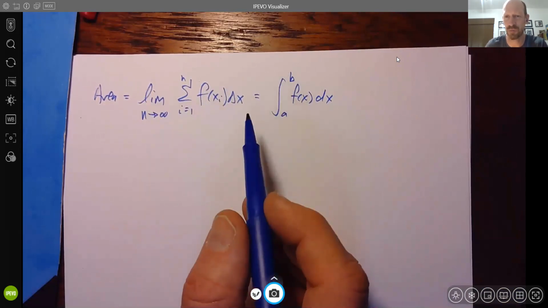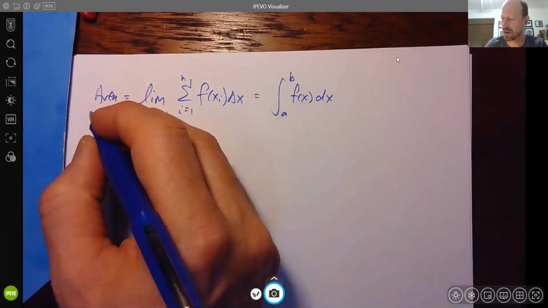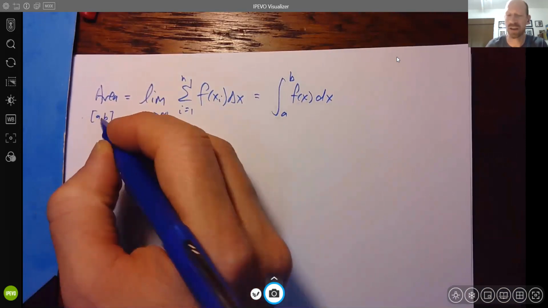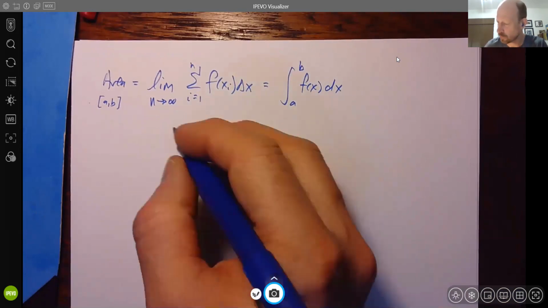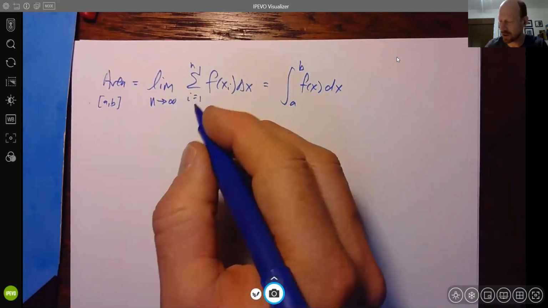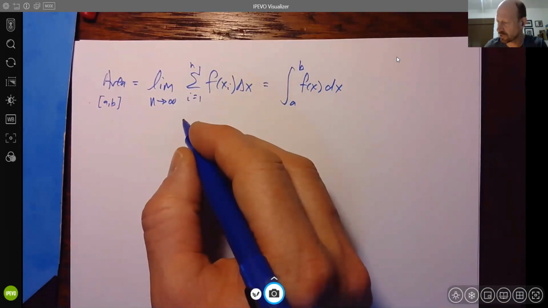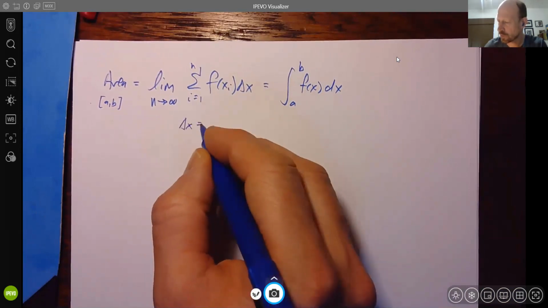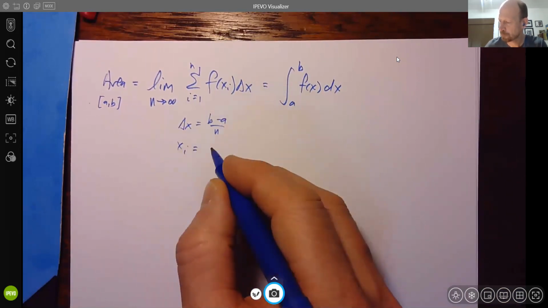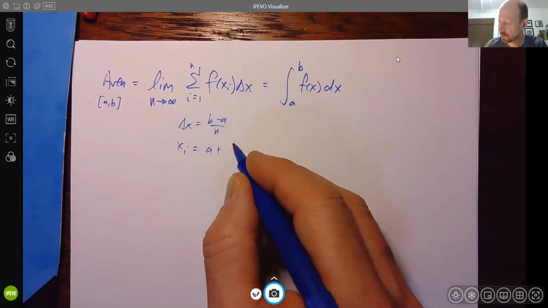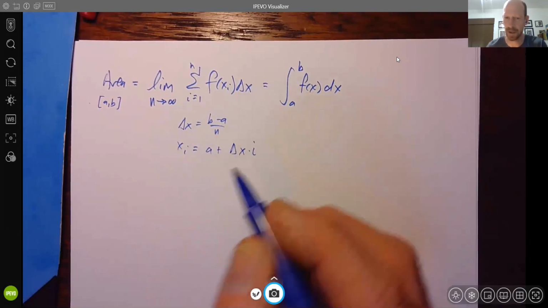Remember, a and b are the range that I'm looking at, the area of that function over there. So part of this definition is to recognize that delta x is (b minus a) over n, and x sub i is a plus delta x times i.